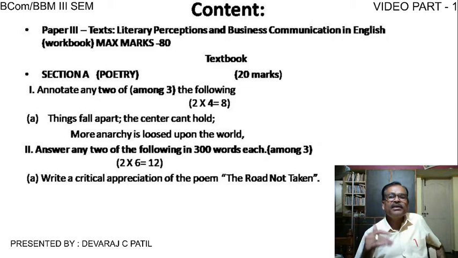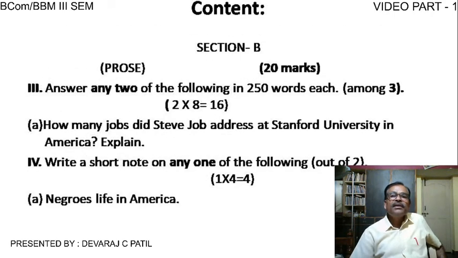And then under the poetry section, there shall be another type of question that you will have to answer in 1.5 pages or in 300 words, like that. There you will have to write it in 2 pages or 1.5 pages.